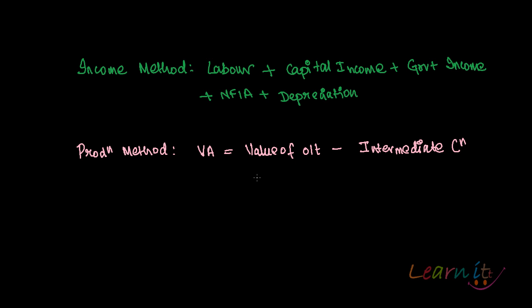But from that you subtract the value of the inputs which are going into the bread production. There must be some flour which is used, some laborer who must be producing this bread. The value of those goods and services will not be added. So you have to avoid double counting.